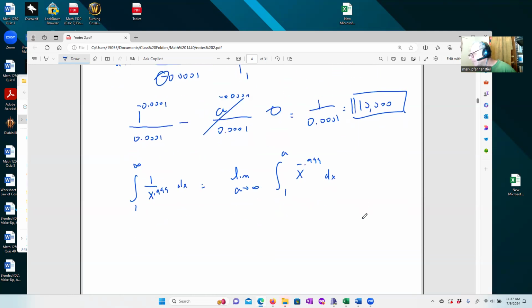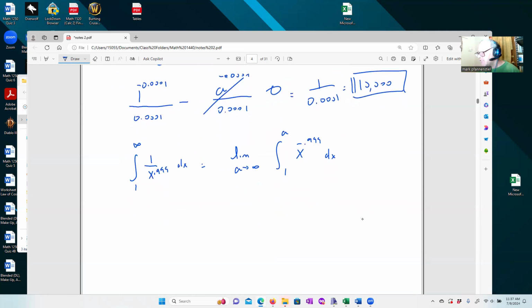We're just going to integrate this the same way we always have. So we're going to end up with the limit as a goes off to infinity of x to the, we're adding 1, so positive 0.0001 divided by positive 0.0001, and we are going from 1 to a.